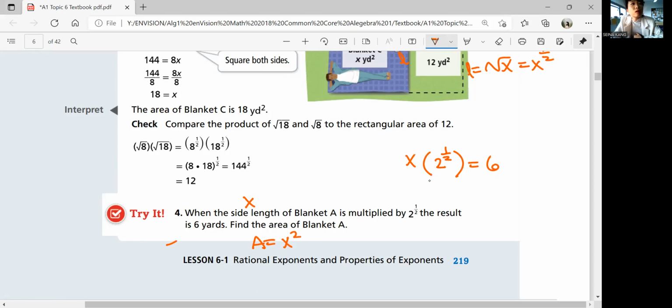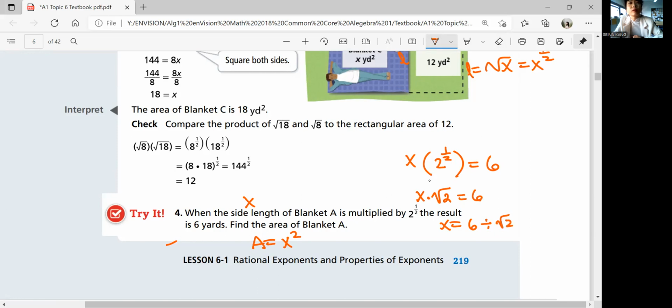So first figure out the x. Well, let's think about this. That's gonna be x times square root of 2. That's equal to 6, which means you can divide by square root of 2 on both sides to get x, right? So x is 6 divided by square root of 2.